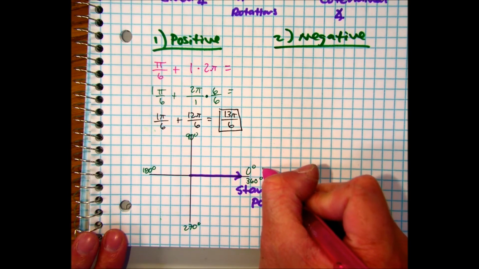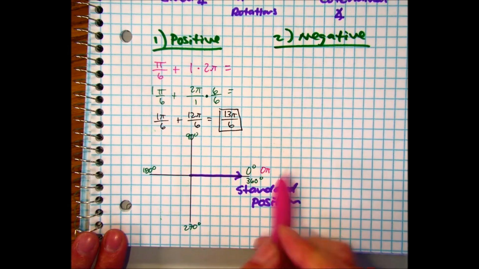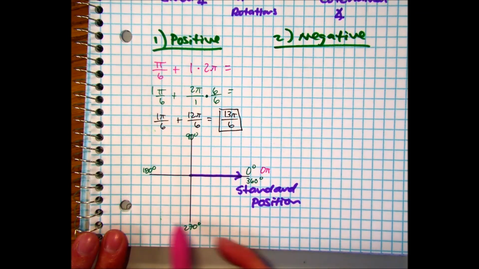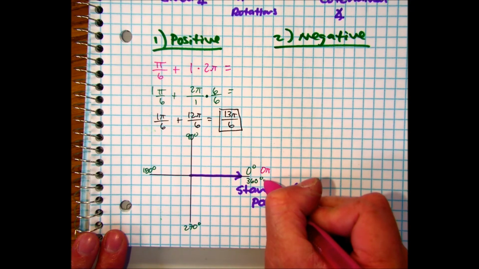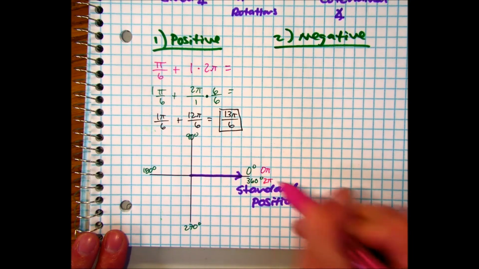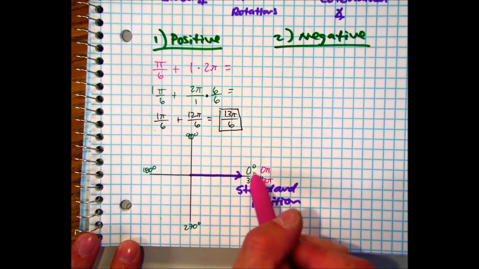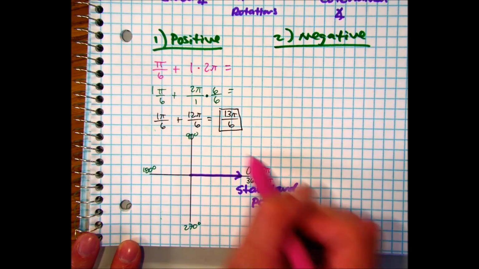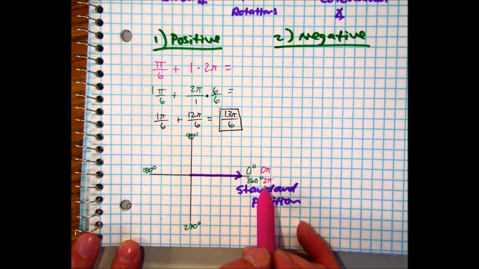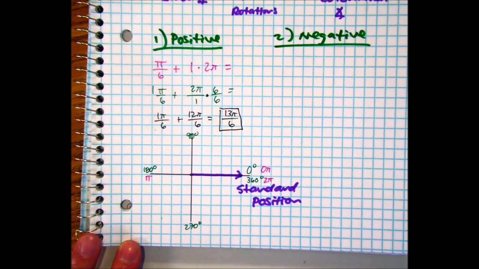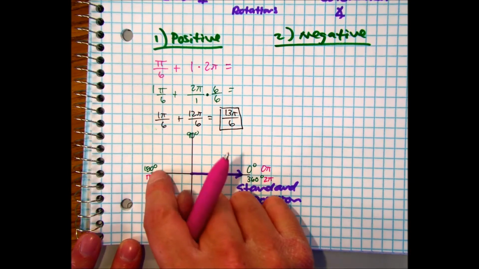If I don't move anywhere, we normally don't say 0 pi, but it gives you an idea. And a full rotation in radians is how much, class? It is 2 pi. Now, if I don't do a full rotation, I only do half of a rotation. Class, what's half of 2 pi? What's half of pi?